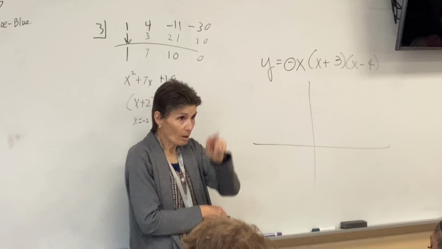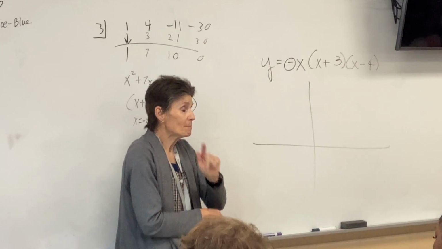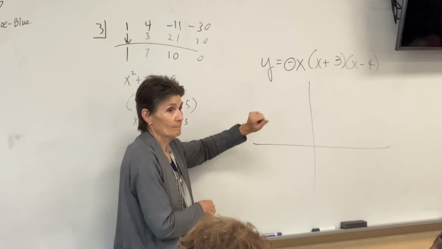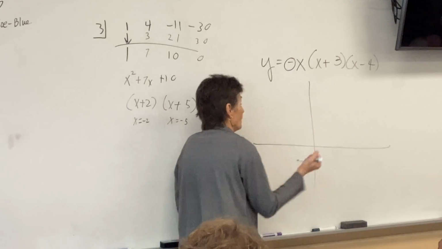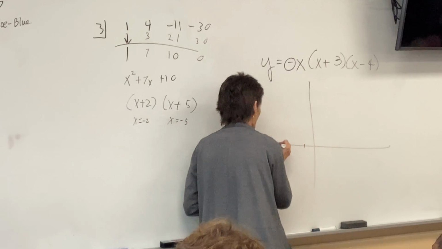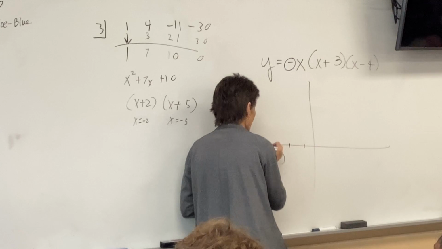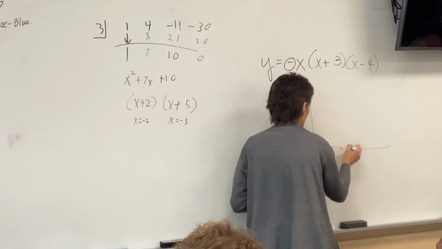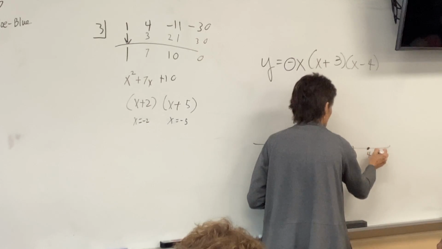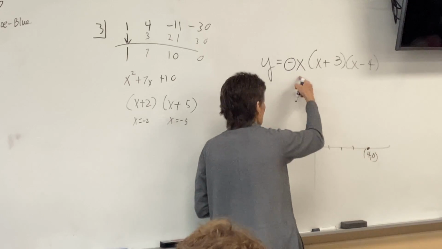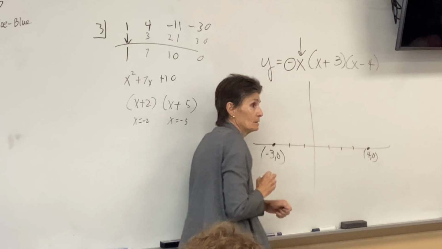Written in the problem are 3 X's. That means there need to be 3 dots. And all of you who did the problem put 1 at -3 and 1 at 4. That is absolutely correct.